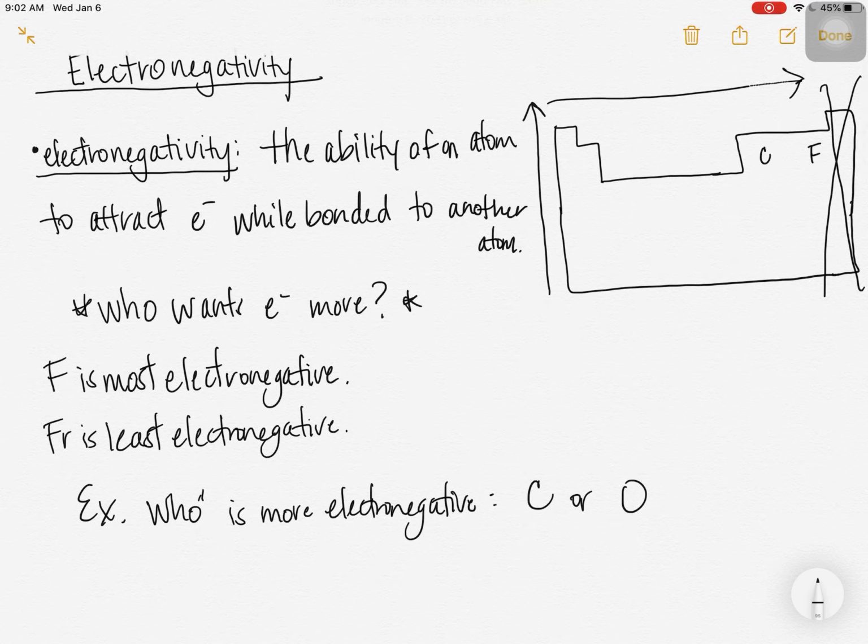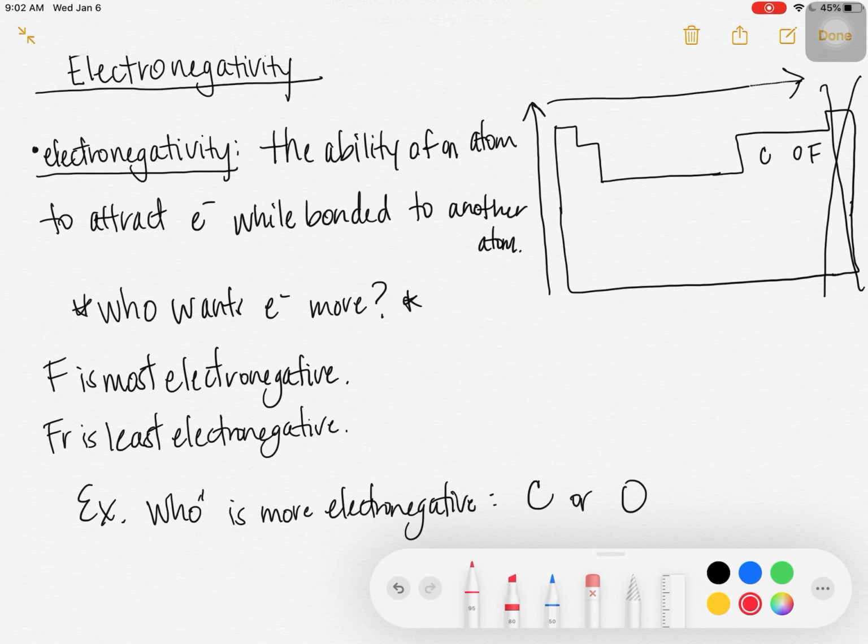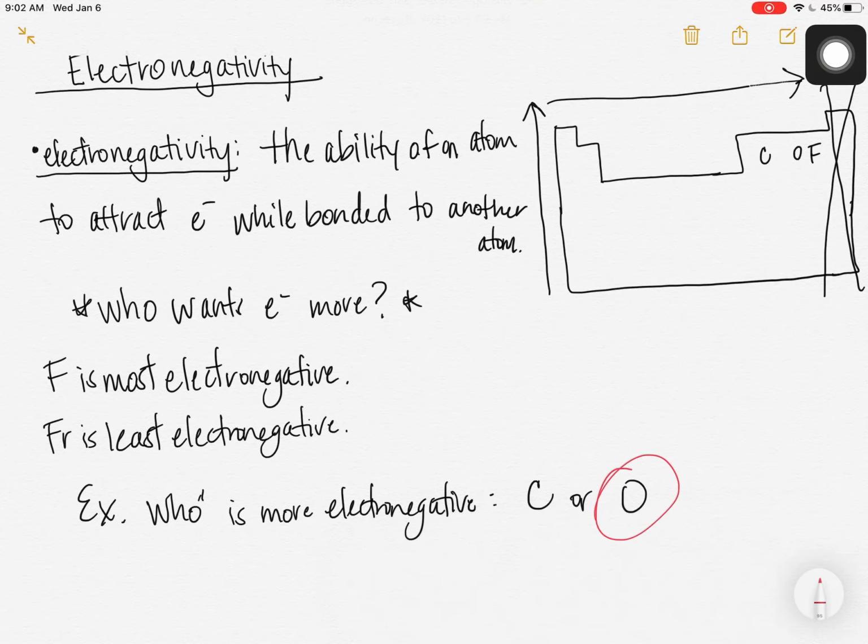All you have to do is think about where they are on the table. Carbon's right here and oxygen's over here. So they're in the same period, and that means I need to look at where they are going this direction. Since oxygen is closer to fluorine, oxygen is my more electronegative atom.